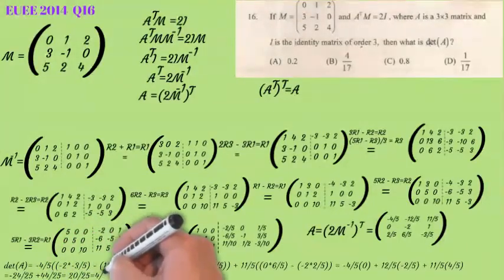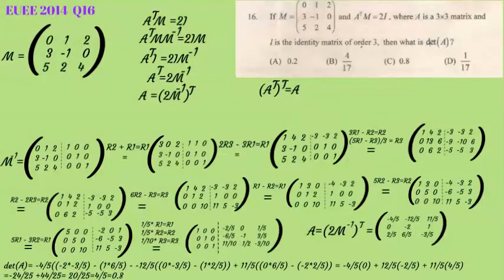You can choose any of the rows and then use the appropriate sign for determinant calculation, and you should get 0.8, which is C on this question. Check it out and let me know if you have any question on this.